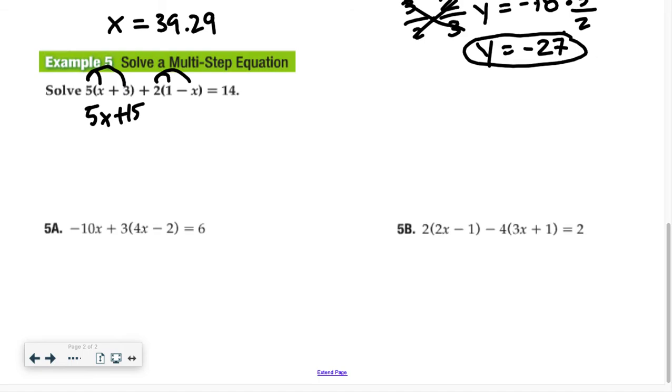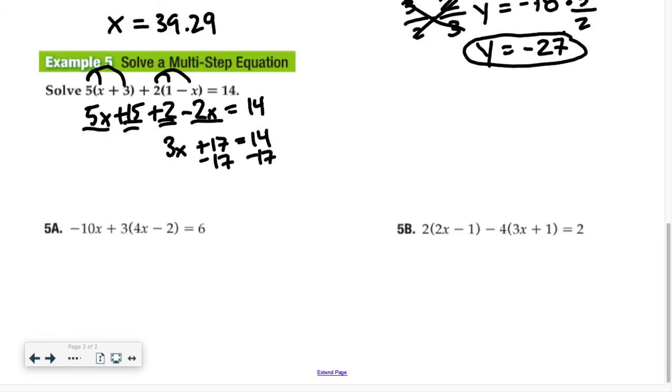Distributive property again. Okay, combine like terms. 3x plus 17 equals 14. Subtract 17. Divide by 3. Okay, so that first one you get x is negative 1.